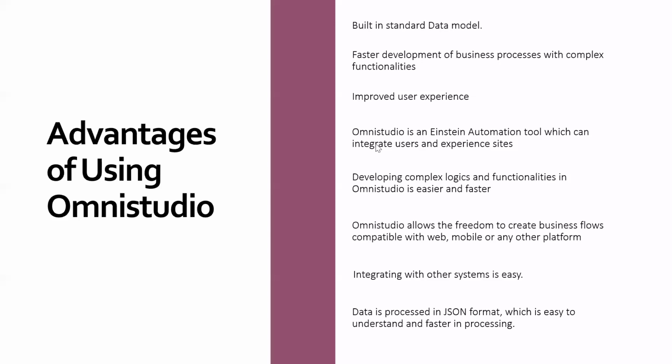If you know communities, you can create a community, and in that, just like how you add Lightning components or LWCs, you can also add OmniScripts, right? So complex logics and functionalities can be built very fast. We'll probably understand how it is done in training, but yeah, it becomes very fast.